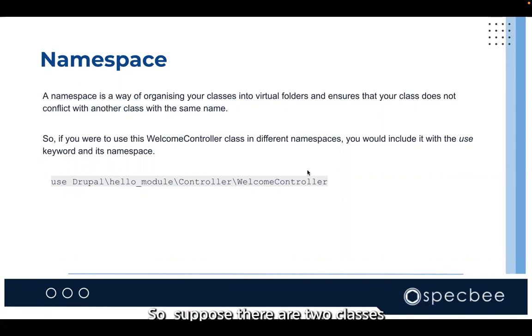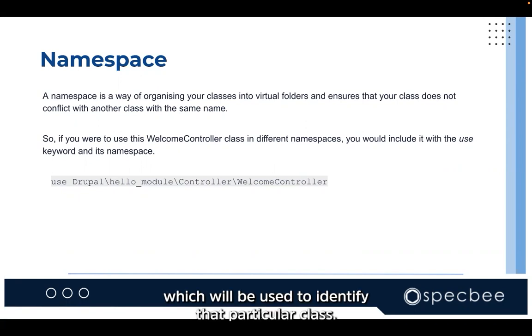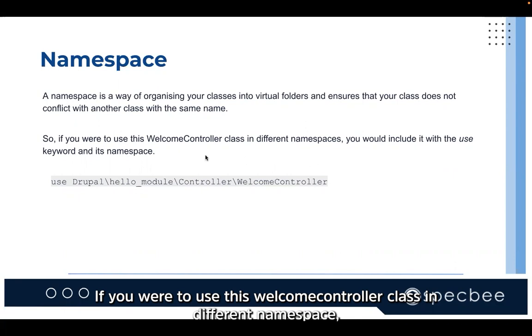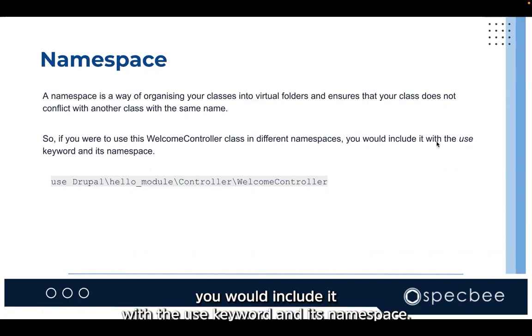Let's suppose there are two classes with the same name, ABC. If I have to use the ABC class in another file, how will I differentiate which ABC class I want to use? There we use namespace, which identifies that particular class. So if you were to use this WelcomeController class in a different namespace, you would include it with the use keyword, its namespace, and then the class name.